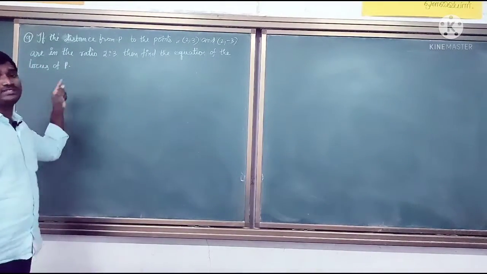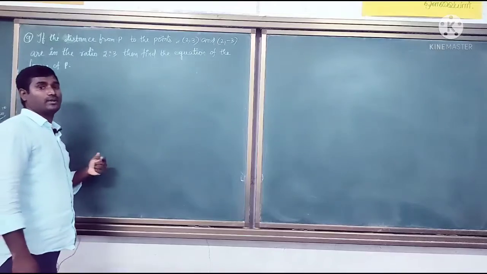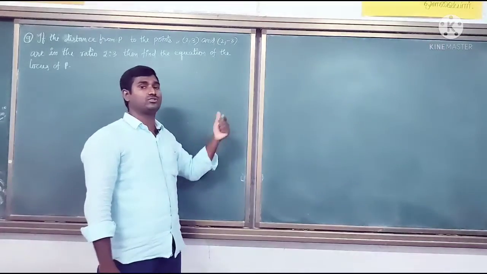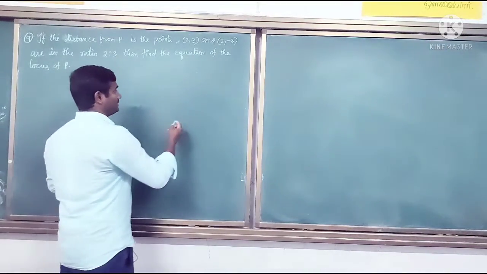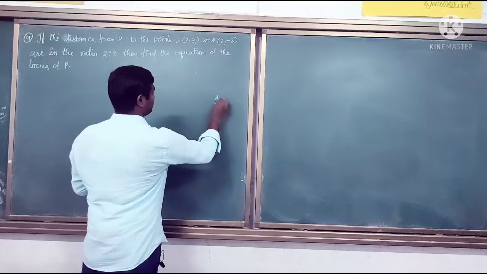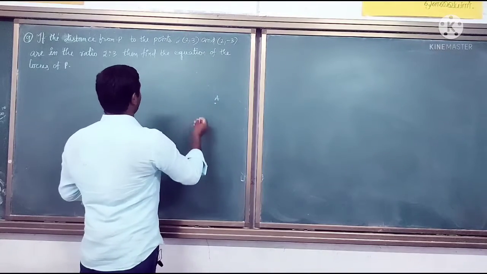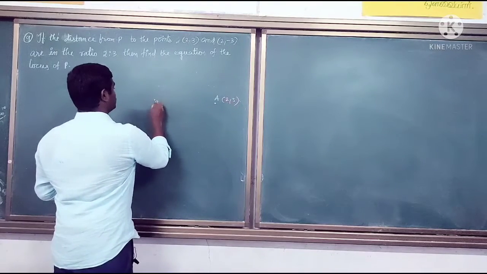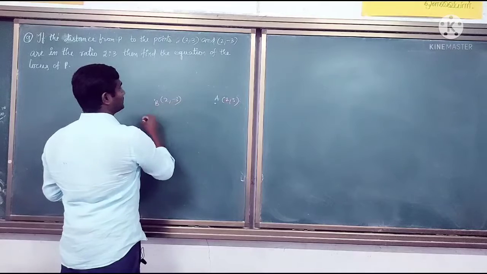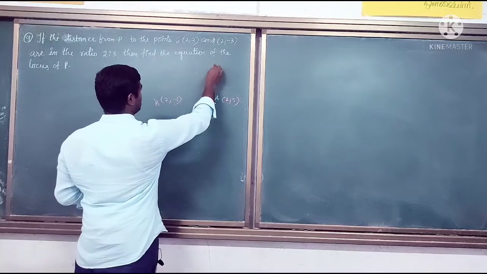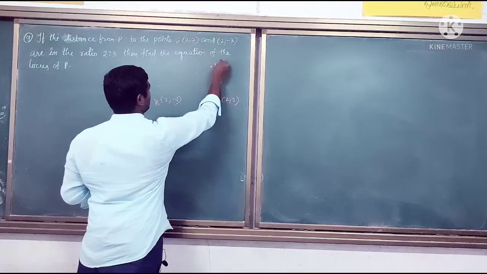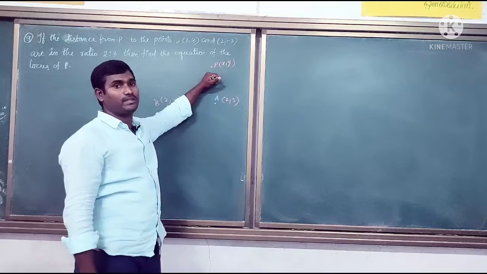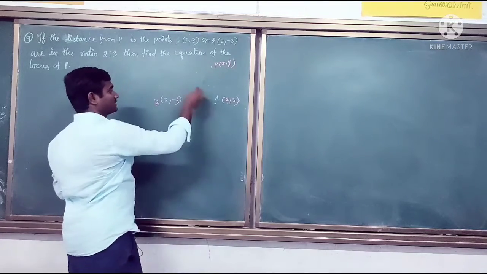Here the ratio type is given: the distances from P to two other points are in a given ratio. So let us draw a diagram. One point you can consider is A (2, 3), and B is (2, -3). Then consider a point P (x, y), just assume that P is on the locus.